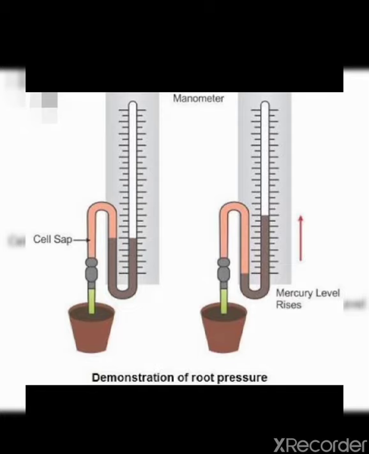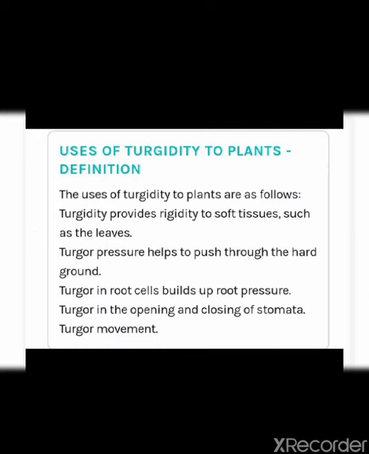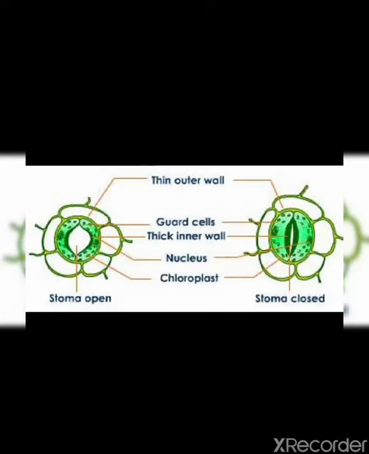Due to root pressure, water or cell sap can rise in the tube up to a certain height only. Clear? And loss of water or cell sap through a cut stem is called bleeding. So when there is a cut on a stem due to which water comes out, that is known as bleeding.